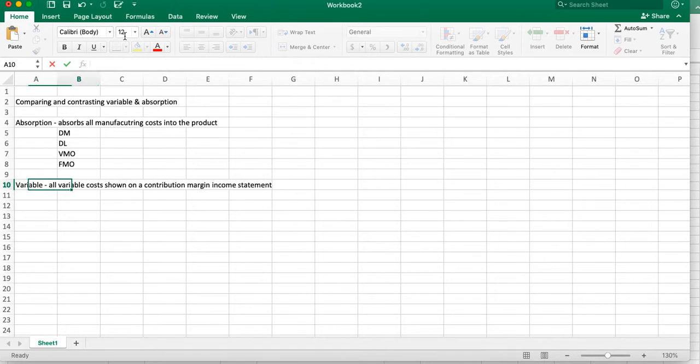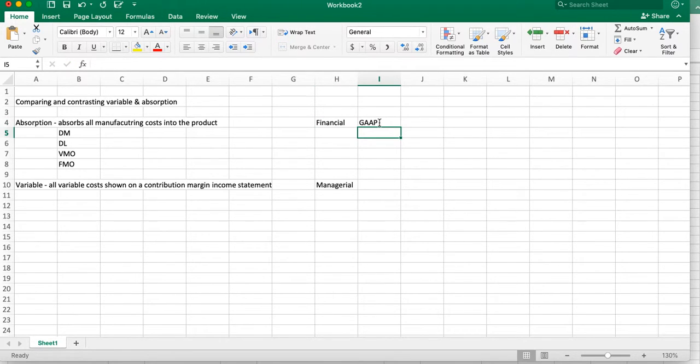What I'm really trying to get at here is variable costing is managerial accounting, where we look at it from the managing perspective, whereas absorption is financial accounting, meaning it's required by generally accepted accounting principles. So the reason we do variable costing is to make management decisions.